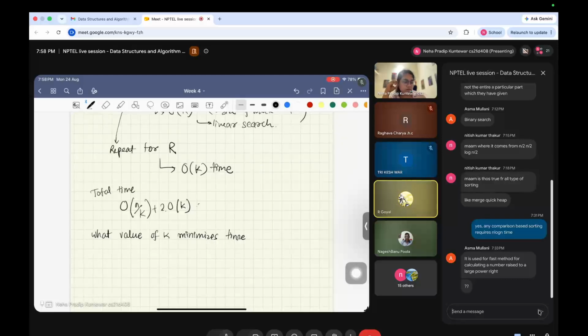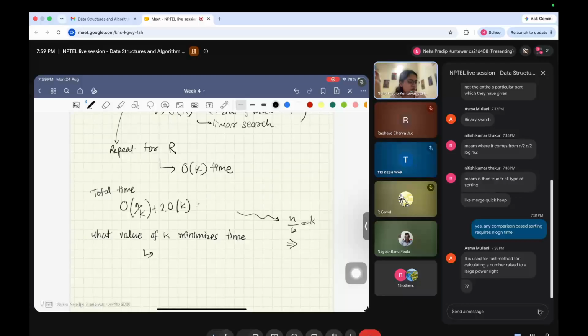If k is very small, then this value is small, but this will be larger and would dominate. But if you choose k to be large so that this quantity is minimized, then this quantity becomes large. So the sweet spot would be when they are both equal. The minimum is achieved when n by k is equal to k.